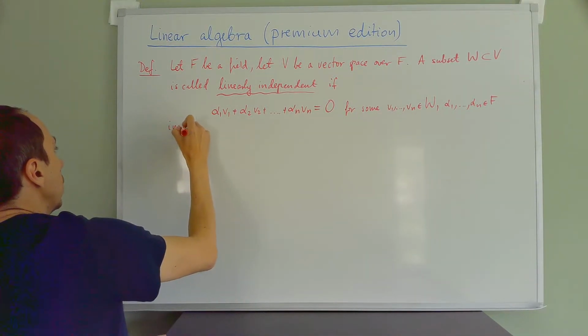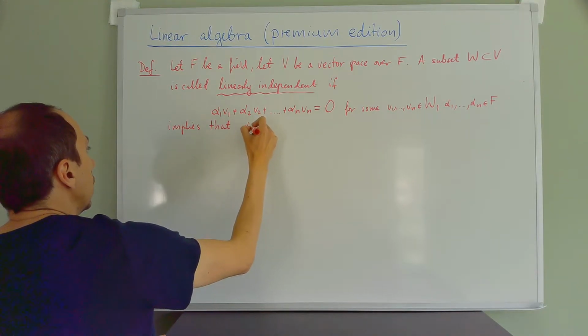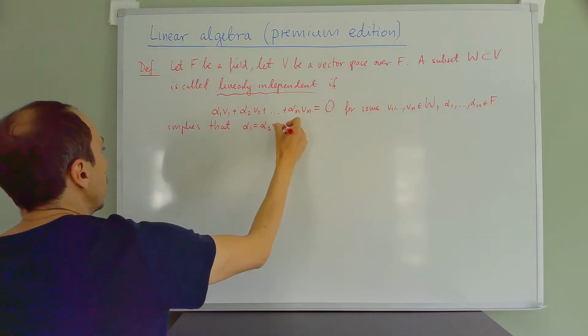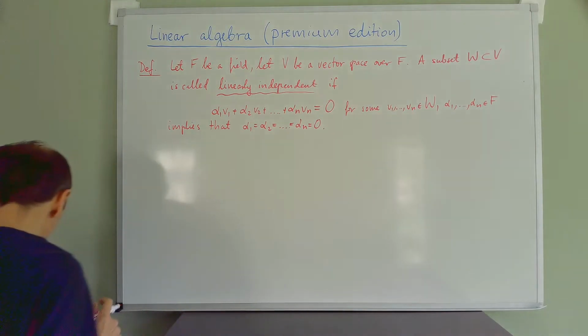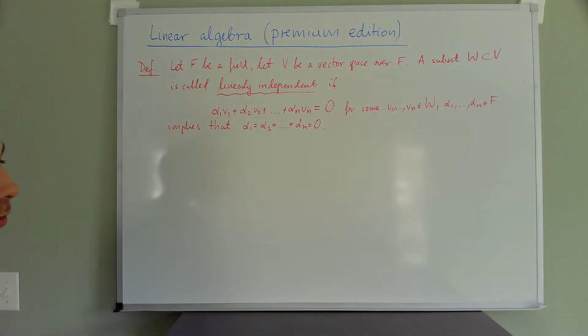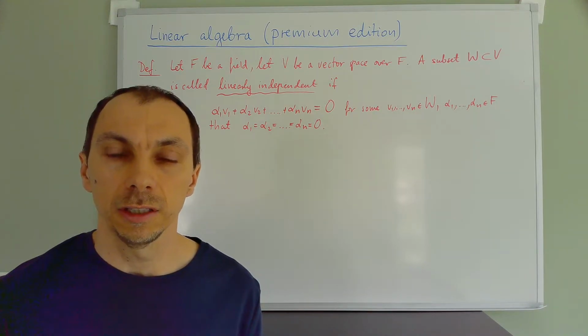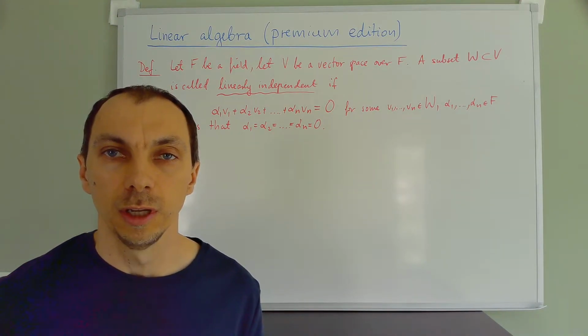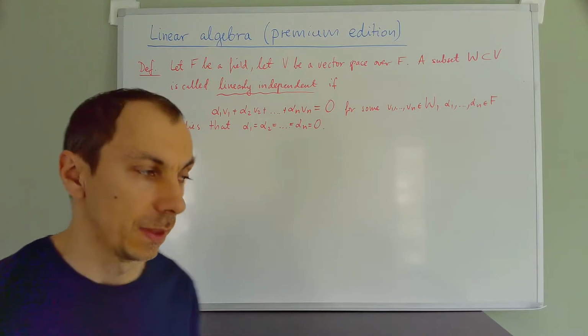implies that all these scalars must be zero. In other words, if you have a linearly independent subset, it is not possible to find any non-zero linear combination of these elements that gives you zero.